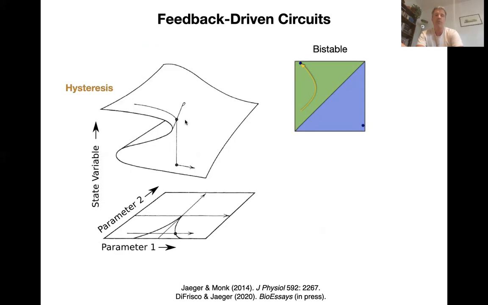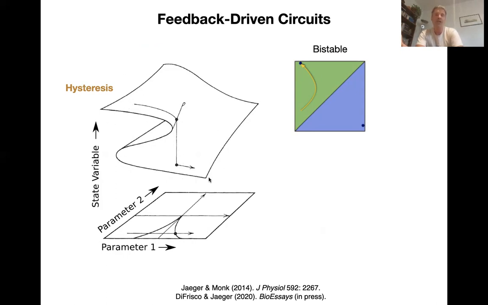Here you have parameters that you change. Okay, but if you move into this regime, where the system is bistable, if you have it on a high state, you need to push it all the way here till it falls down, and it's going to be very stable. Okay, so you need to push it back much harder to switch it back and forth.